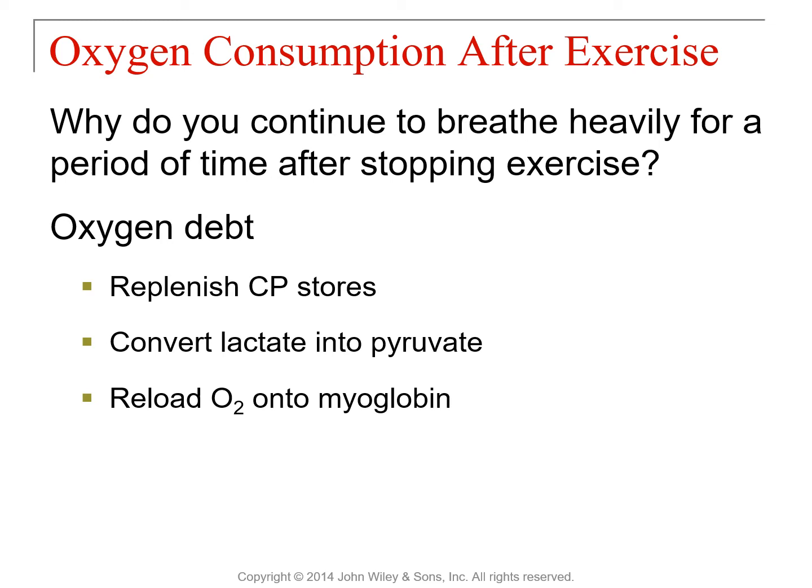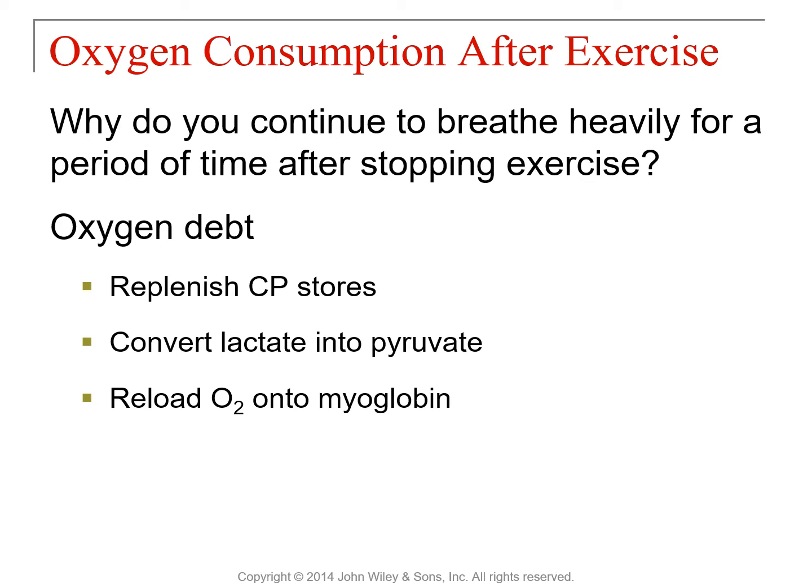So this oxygen is used to power the reactions that replenish the creatine phosphate stores in your muscle cells. It is also used to convert any lactic acid that was produced under anaerobic conditions back into pyruvate, which can then be used to form glycogen and replenish the glycogen stores in your muscle tissue.